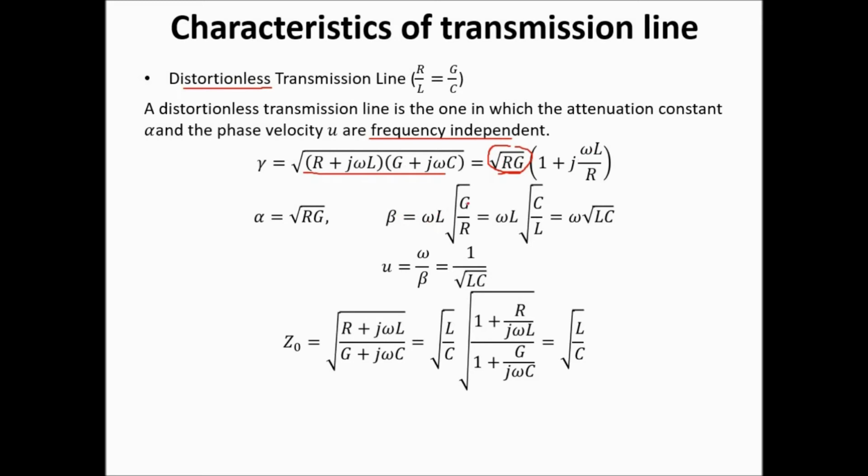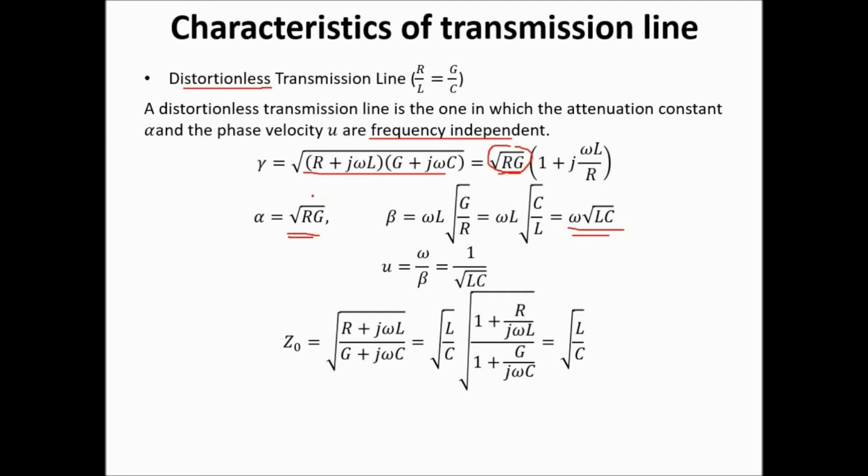So you can write j omega G over R. Here omega L, and G over R is equal to C over L, so you can write C over L. If you cancel this L here, it will be the square root of LC. So we get beta equal to omega square root of LC, and alpha equal to this.